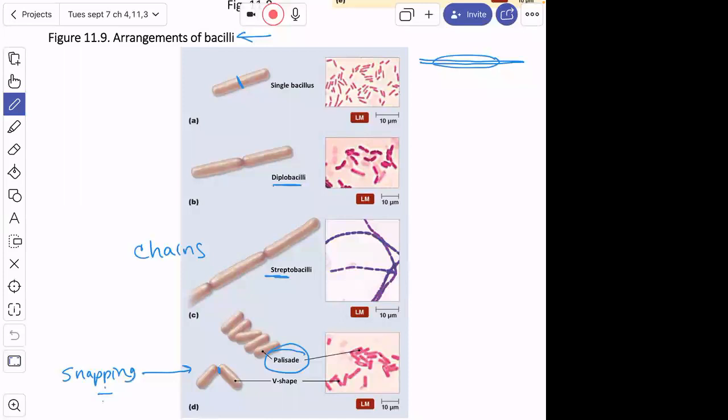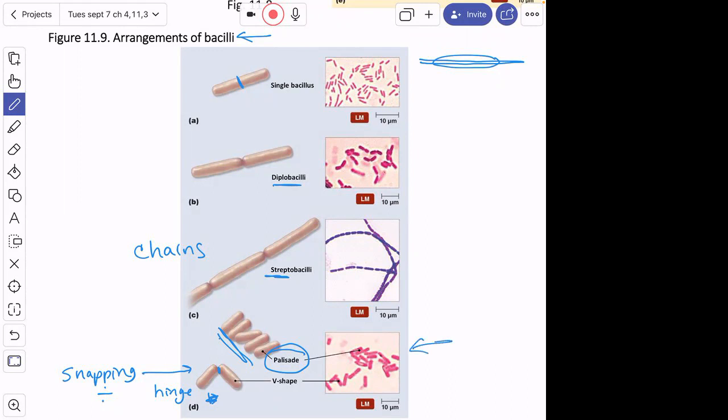They stay together at just one spot, so they hinge around, and when they keep doing that, they tend to stack together, what we call palisades. That term palisades came from a fence around a fort. They would cut a bunch of trees and stick them up side to side, and that's the palisade arrangement. Again, in a micrograph, that's a little bit more difficult to actually recognize.